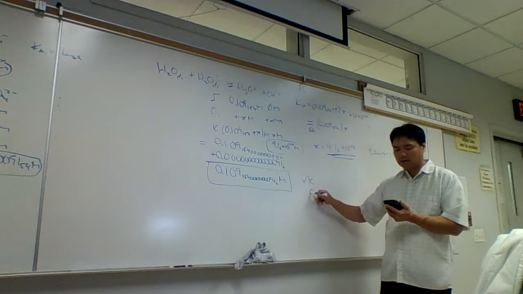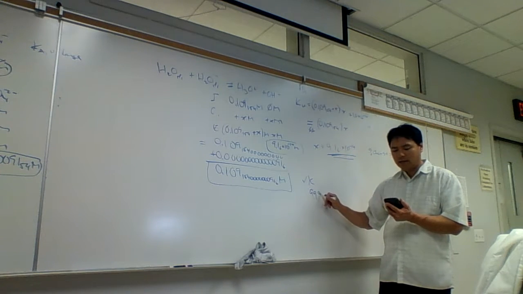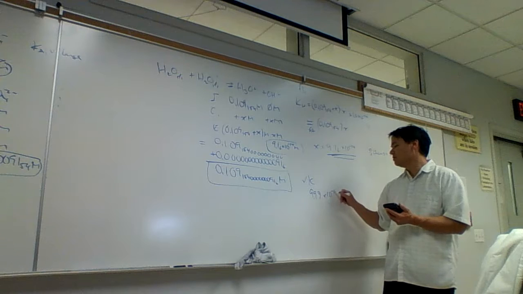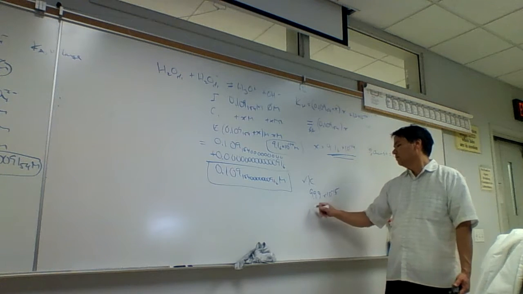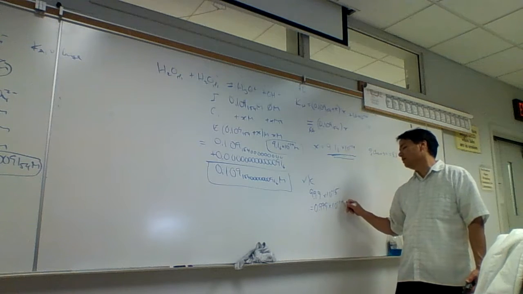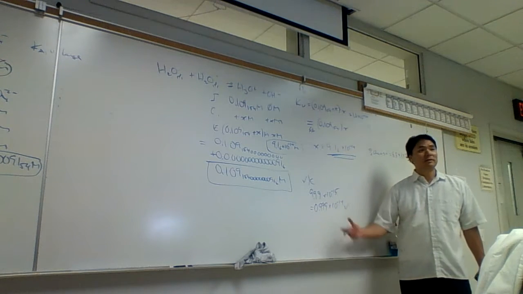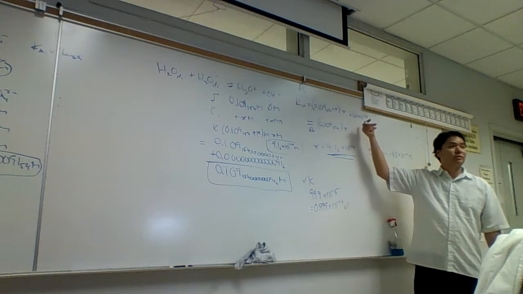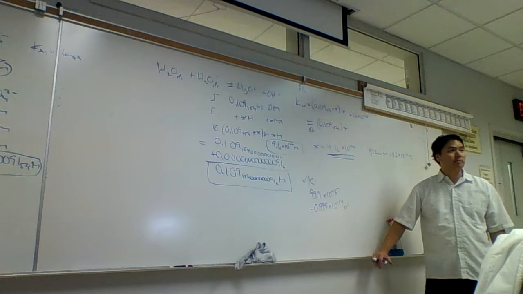The K comes out to 9.99 times 10 to the minus 15, which is equal to 0.999 times 10 to the minus 14, which is good, because that's going to round to 1 times 10 to the minus 14, which is what it should be.